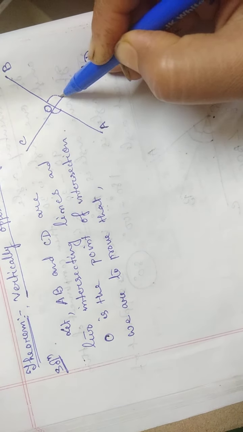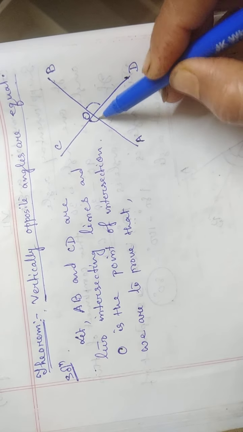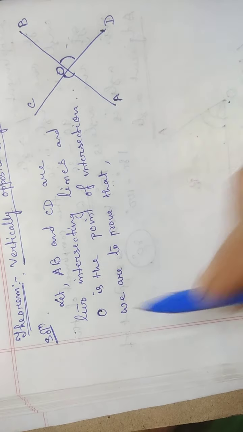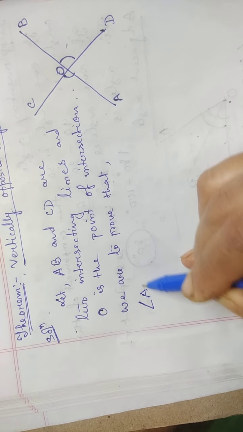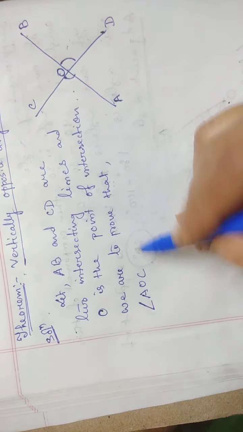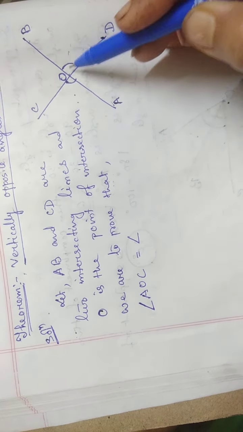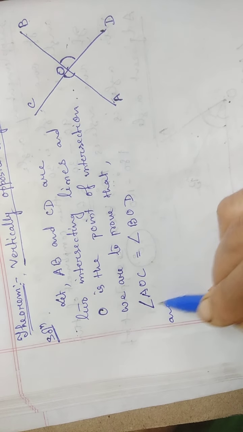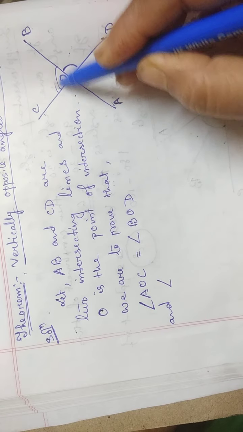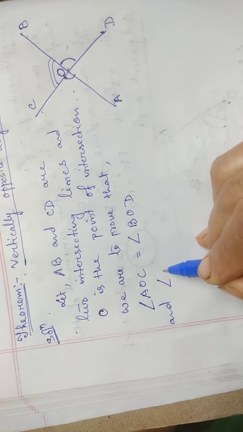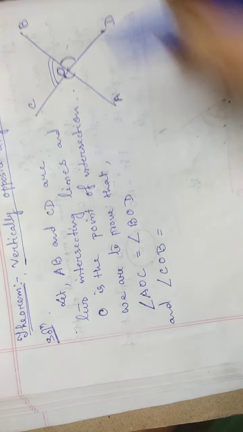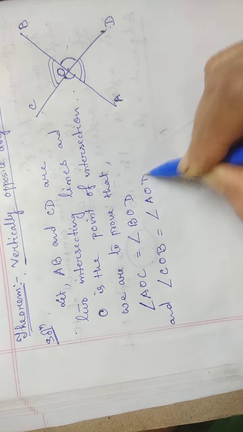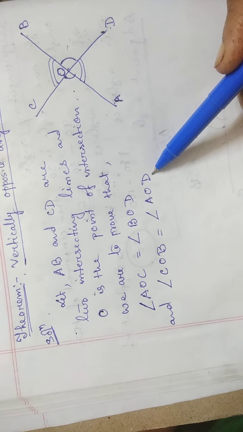This angle equal to this angle, because these are vertically opposite angles. Angle AOC equal to angle BOD, ये प्रूफ करना है. And angle COB equal to angle AOD. So this one you have to prove.